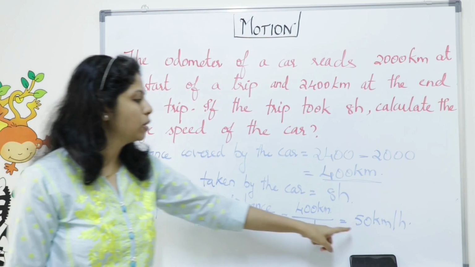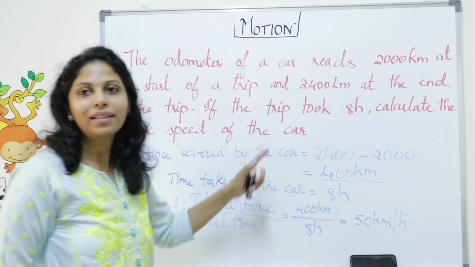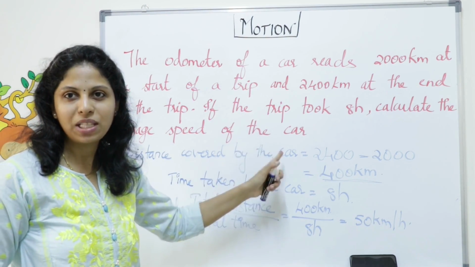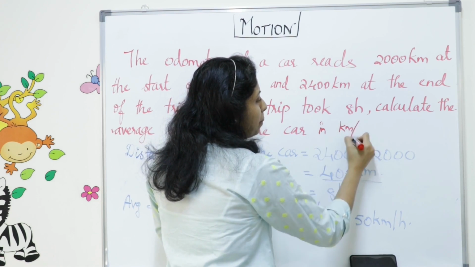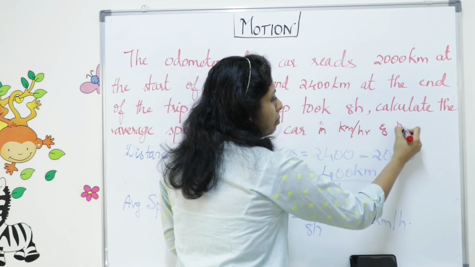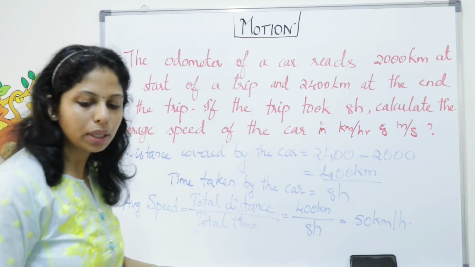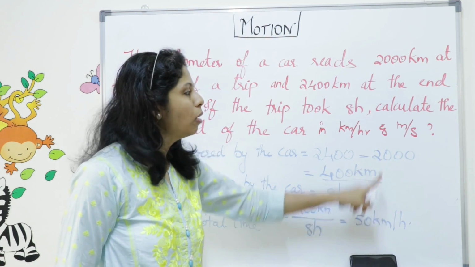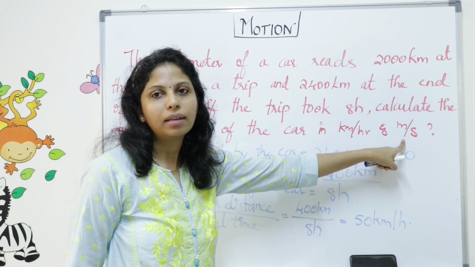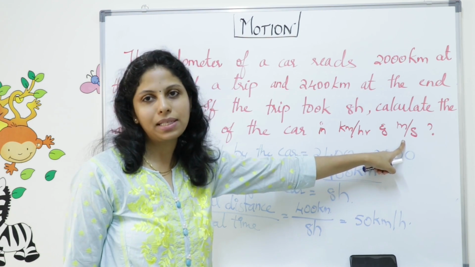The average speed of the car is 50 kilometer per hour. Sorry, they have asked you to calculate the average speed of the car in kilometer per hour and meter per second. So we have already got the value in kilometer per hour. Now we have to find the value of average speed in meter per second.